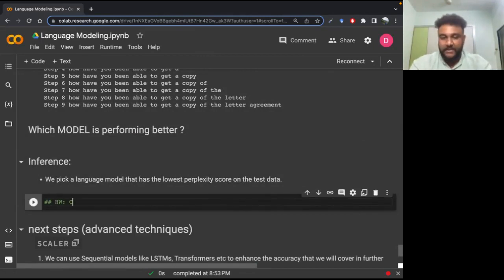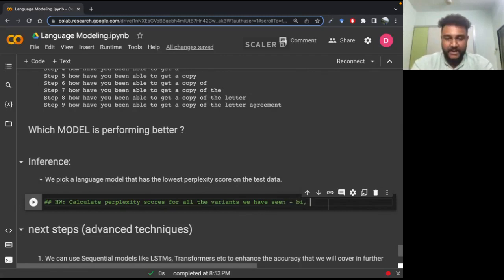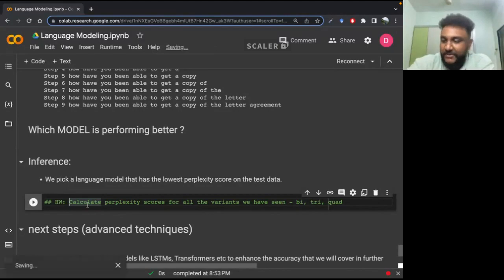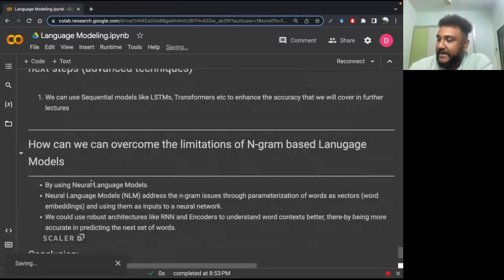Homework: calculate perplexity scores for all the variants we have seen. The variants we have seen are bi, tri, and quad. Yes, Anil, you will get this notebook in today's notes. You will get this one only, so you can do that.